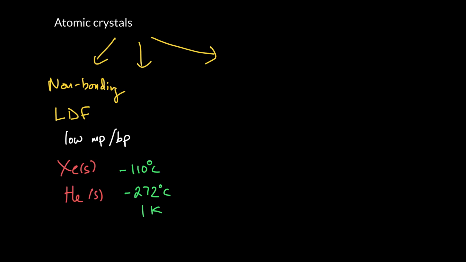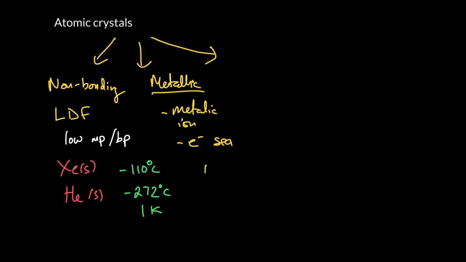Pretty wimpy stuff. Now, if we go to the other categories, we've got metallic crystals, which are held by metallic bonds. We first looked at these in the first semester, I believe, and you essentially have an electron sea around a positive kernel.